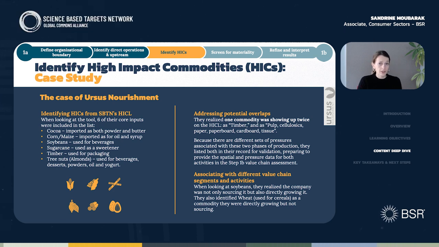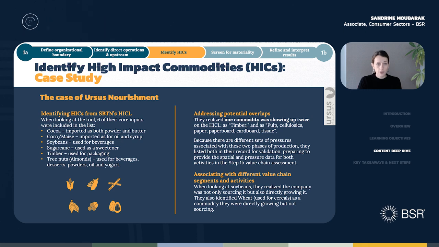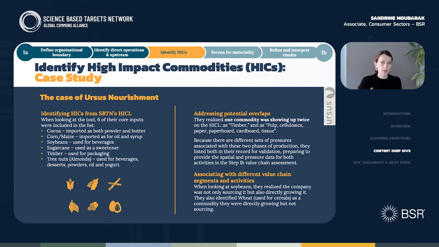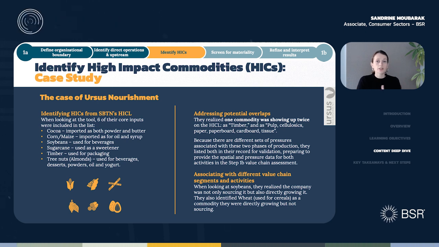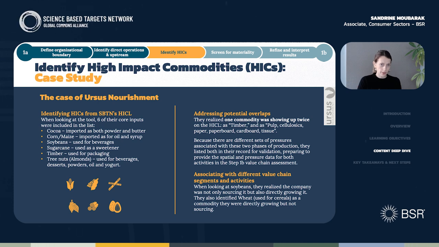Now, one of the commodities it was sourcing showed up in the SBTN high-impact commodity list twice, once as timber and once as pulp, cellulosics, paper, paperboard, cardboard, tissue. This means that there are multiple high-impact nodes in this commodity's supply chain.